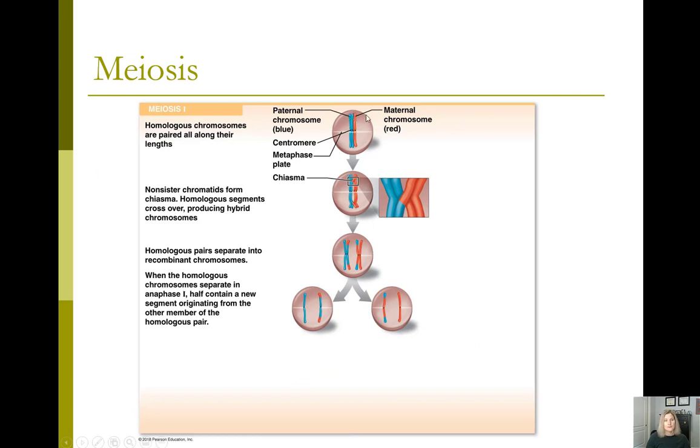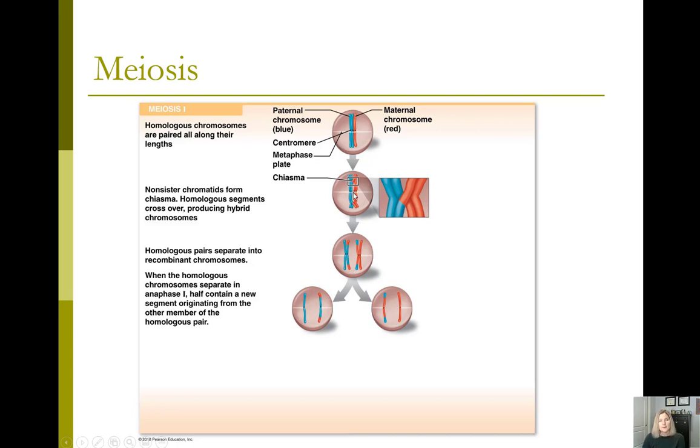So here is another view of it. Here we have the beginning of meiosis. You have the pair of homologous chromosomes. This is a tetrad. You got 2 separate centromeres, so you got 2 chromosomes, but they're a homologous pair.